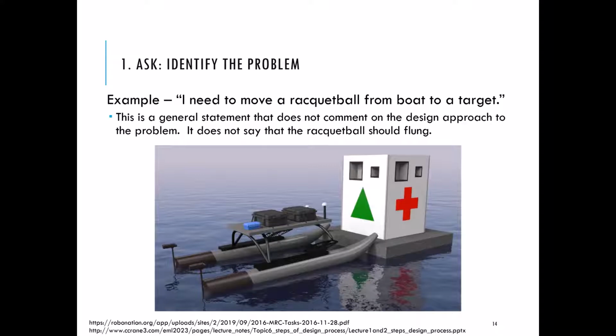And the reason why you don't want to say the word launch is because using that word launch, we've already constrained the number of possible solutions that could be out there. Maybe you don't want to launch the ball. Maybe you want a robot arm to pick up the ball and place it inside. So you want to be as vague as possible so that way you have the largest number of potential solutions. Eventually you will start to narrow it down, but at least when you're starting, you want to start broad.